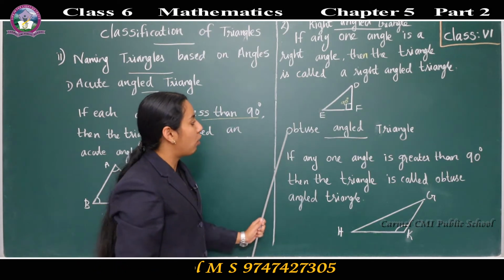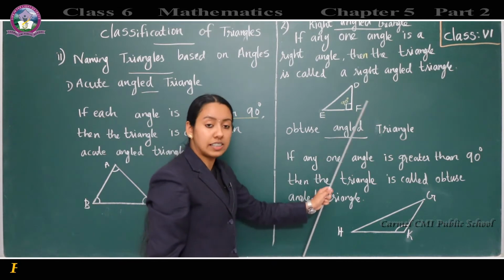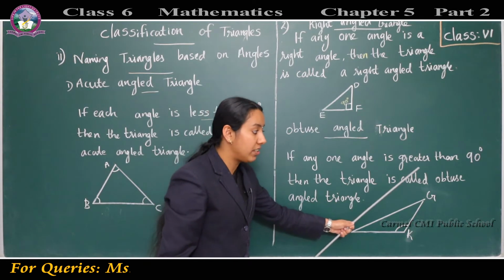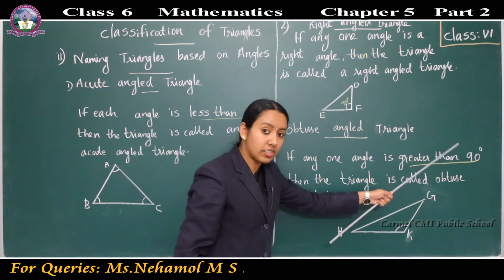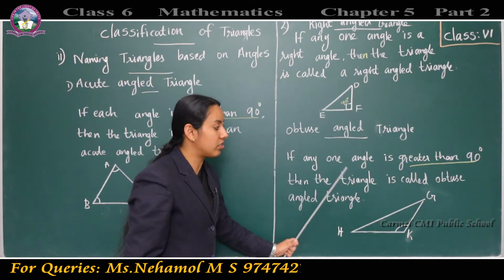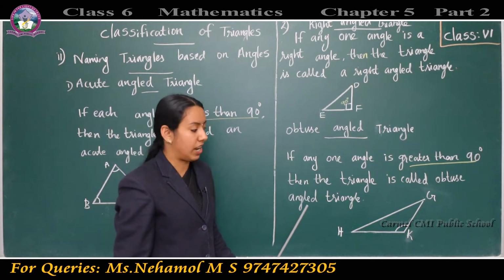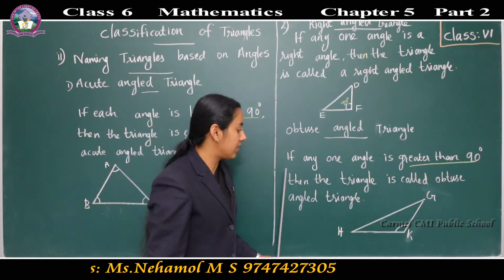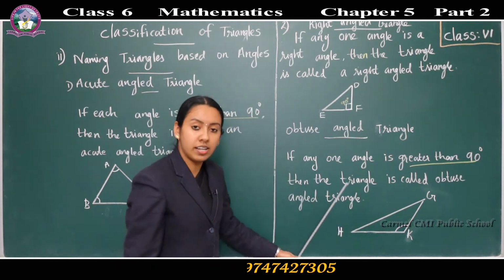Then next one, obtuse angled triangle. If any one angle is greater than 90 degree, then the triangle is called an obtuse angled triangle.